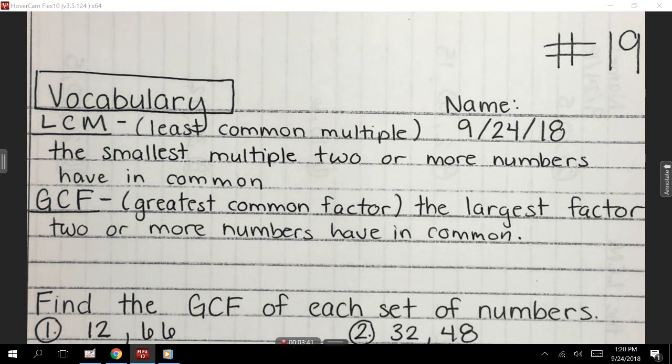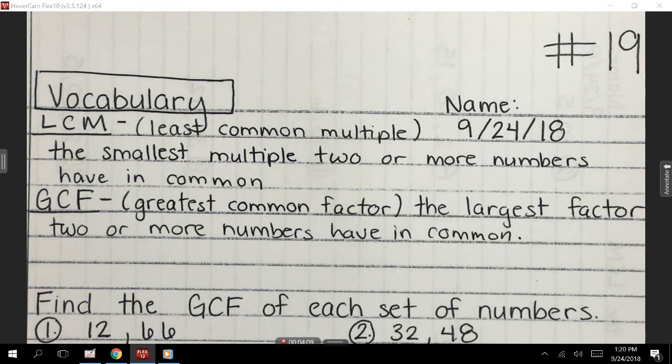All right, so an example of when we would use greatest common factor. A factor is a number you can divide by. Think back to simplifying fractions. That number that I divided by, could it just go in the top? No, it had to go into both numbers, correct? What we were using there was a factor. If I use the greatest common factor, I only have to do that step once.